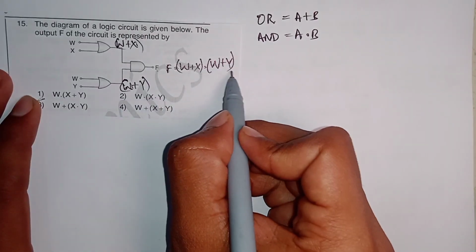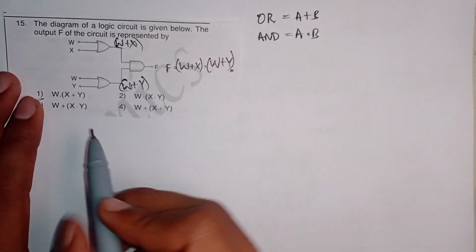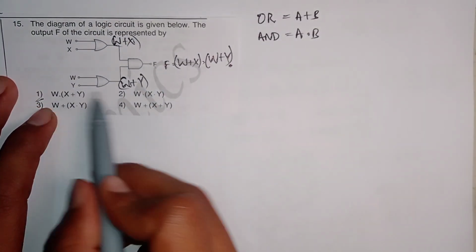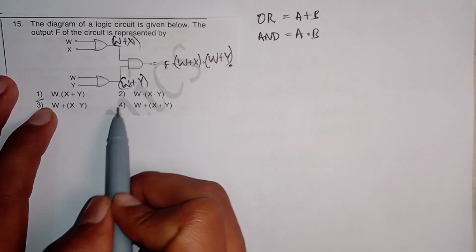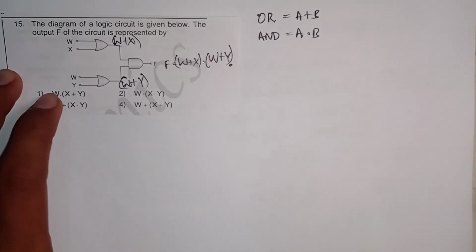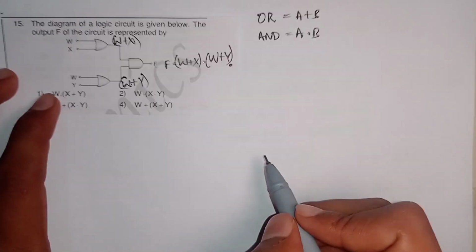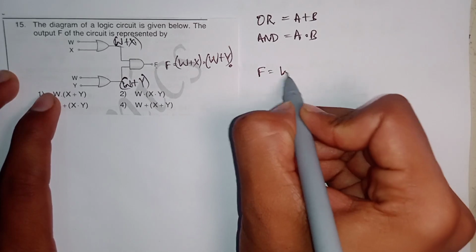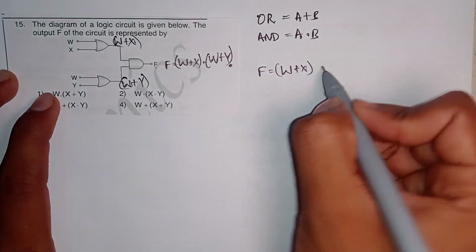Okay, see, just try once to match the options. Is it there or not? It is not there. It is not matching with any expression here. Then just go on solving to see what expression we get lastly. Keeping this, I will solve here. F is equal to (W plus X) dot (W plus Y).